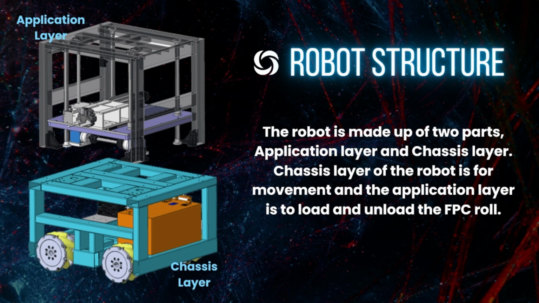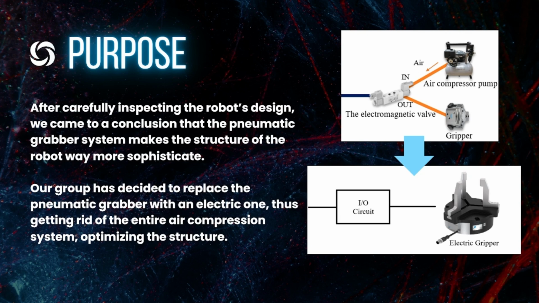The entire purpose of our experiment is this: we carefully inspected the existing design, and we decided that the pneumatic structure of the gripper makes the robot structure way too complicated, because integrating an air compression system into the robot makes the structure too complicated.